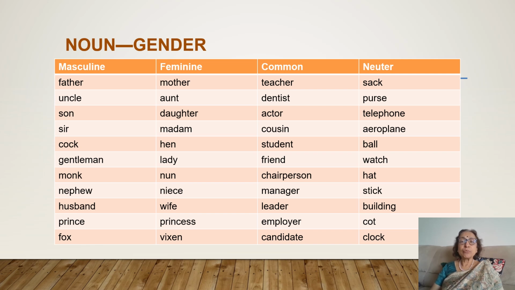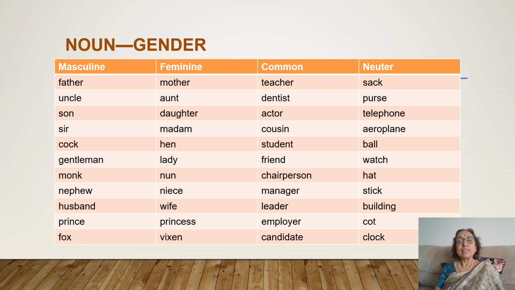As far as possible, the gender neutral language is trying to bring as much into the common gender as possible. So the common gender is very important, and we have different words for masculine and feminine, but the number of gender identities are more today, so we have to be very careful.